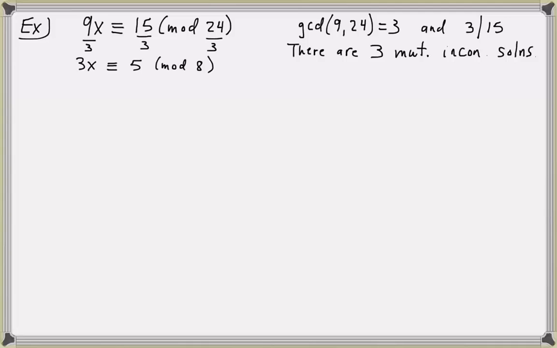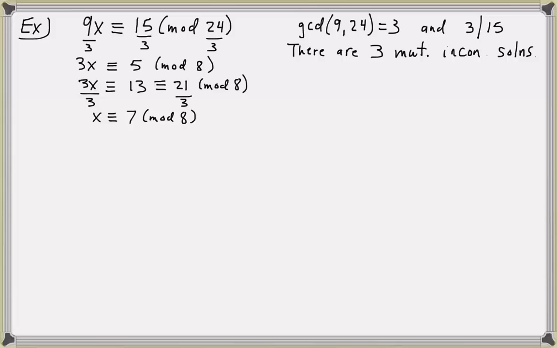Well, if I can add 8 to 5 to get 3x is congruent to 13 mod 8. I'm looking for a multiple of 3 here. So I'm going to add 8 one more time. So 3x is congruent to 21 mod 8. And since 3x is congruent to 21 mod 8, I can divide by 3. And 3 is relatively prime to 8. So x is congruent to 7 mod 8.